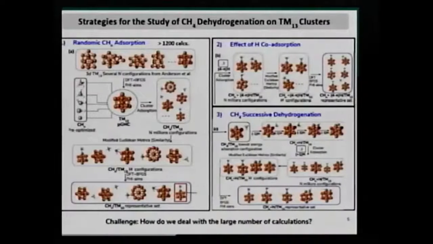So we also investigate the effect of the hydrogen co-adsorption, and to have access to kinetic properties like activation energy barriers, we use CH4 successive dehydrogenation, in which at each step the CHn molecule was fixed in the first position.